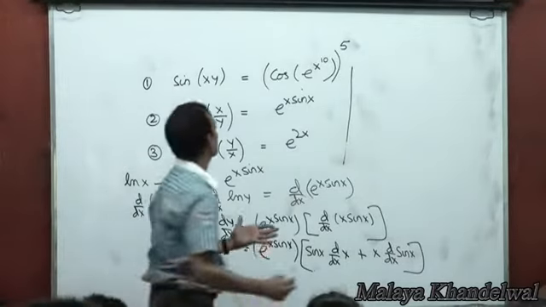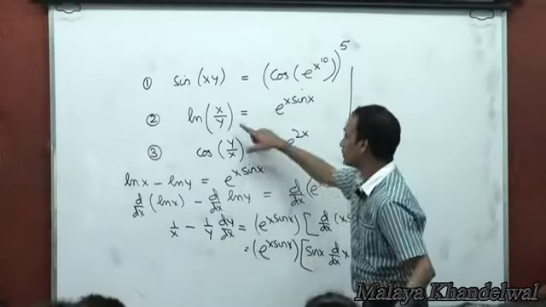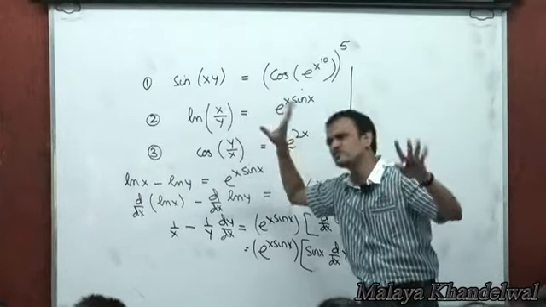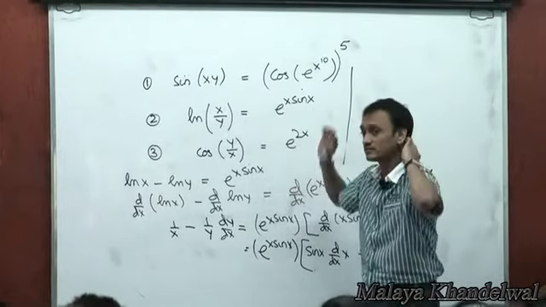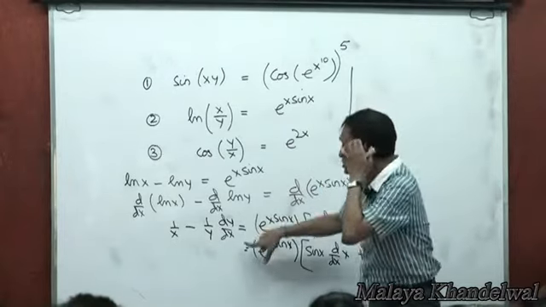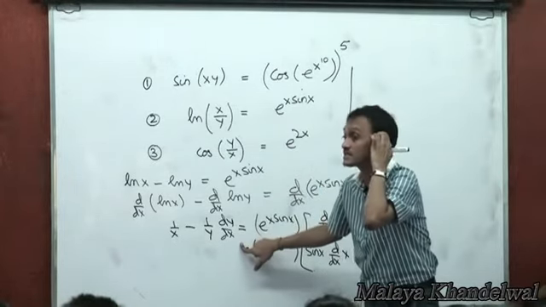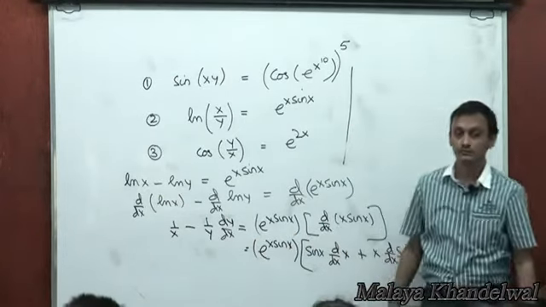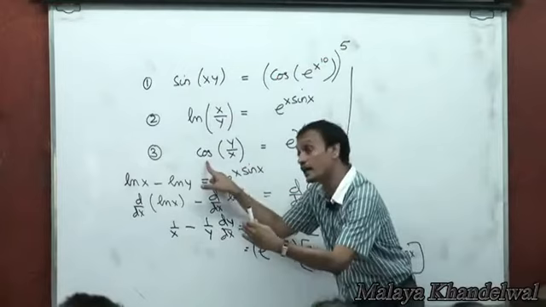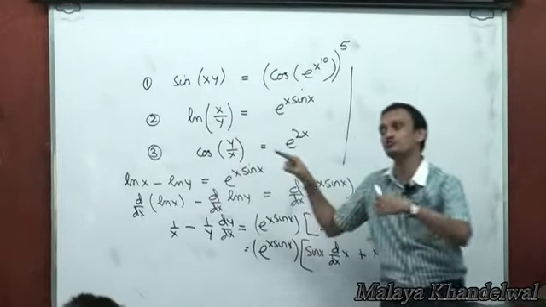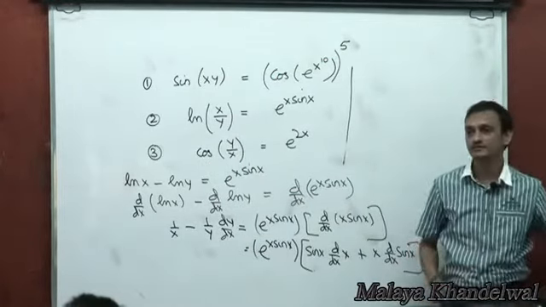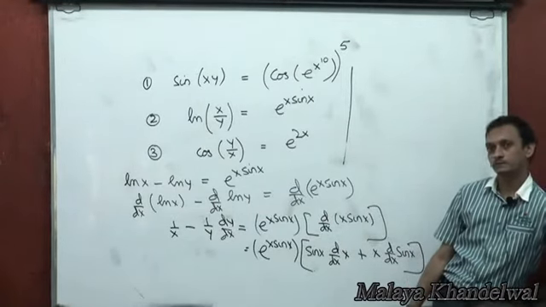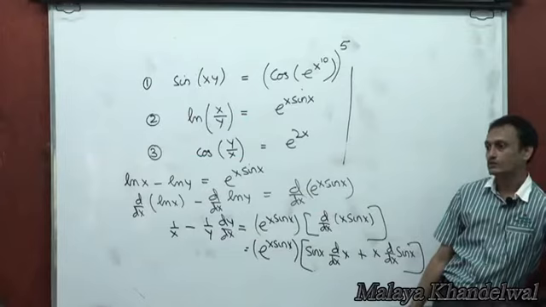Yes, you could have taken ln of x by y, and then you will have to apply the quotient rule, which is the same thing. But this is less cumbersome than that. That would be better applicable for the next problem, where the quotient rule comes into being, right? All right, good. Sounds okay?